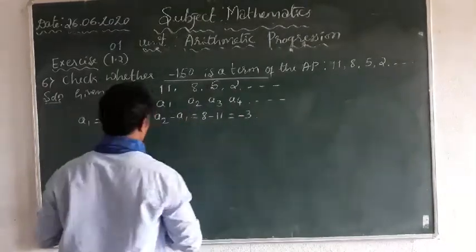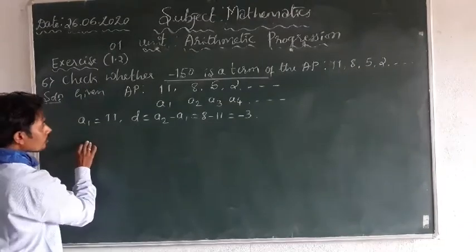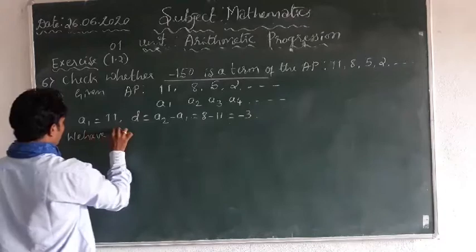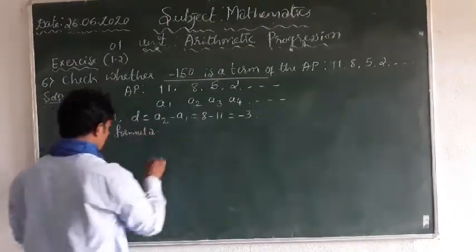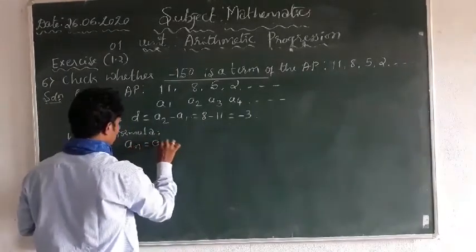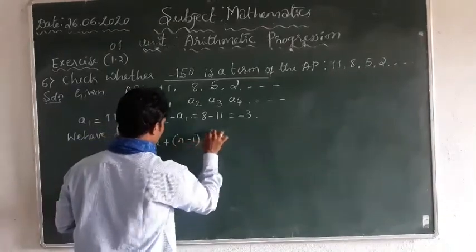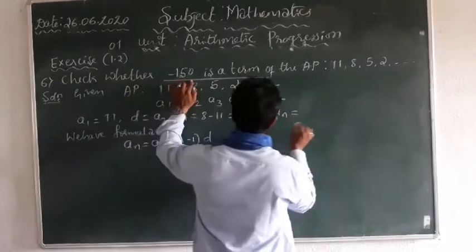Minus 3. We have the formula: a_n is equal to a plus (n minus 1) into d. Here a_n is equal to minus 150.